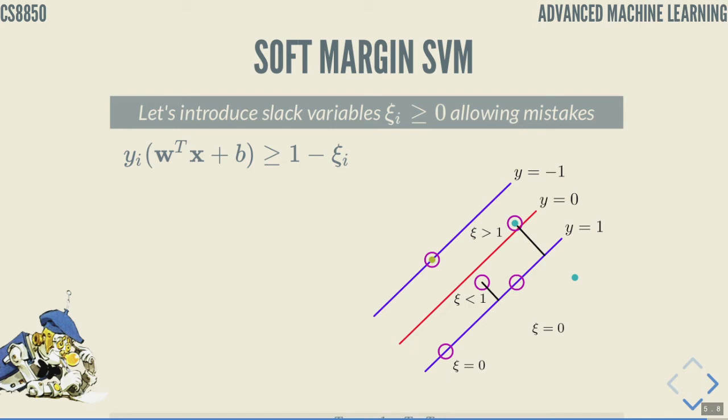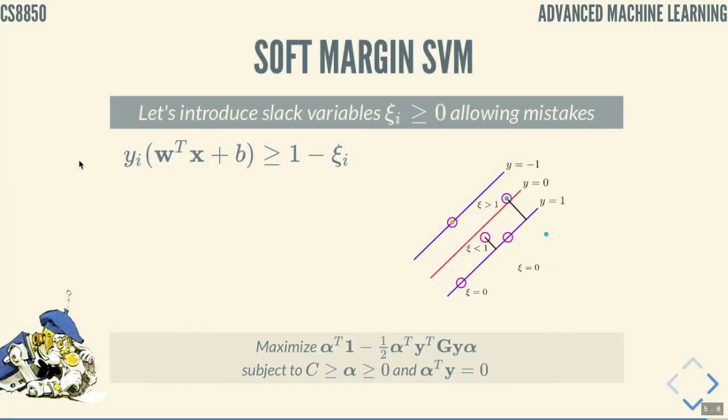So given that, when we plug this into our dual formulation and do the math, beautifully and surprisingly, the slack variables fall out, and we end up with the so-called box constraint right here.